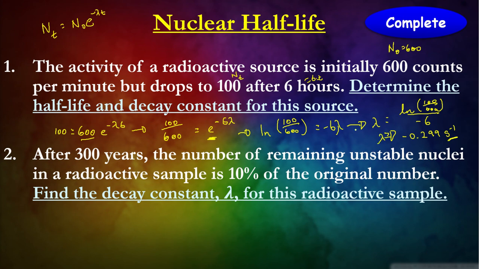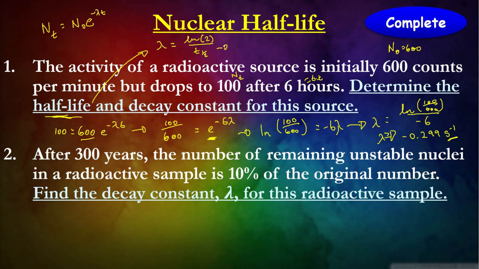The next thing we need to work out is the half-life of this particular radioactive source. Running out of room here, so let's do this up here. So I know that the decay constant is given by log 2 divided by the half-life.